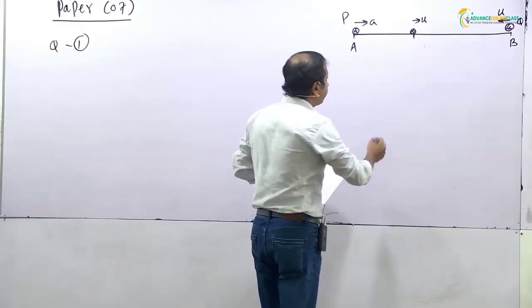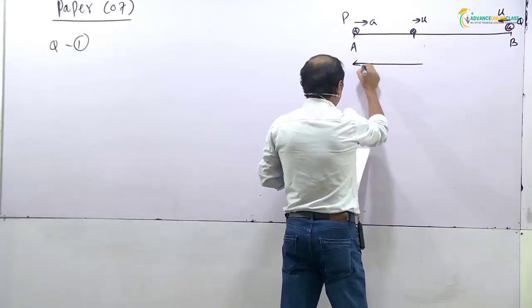The distance between A and B is given as D.